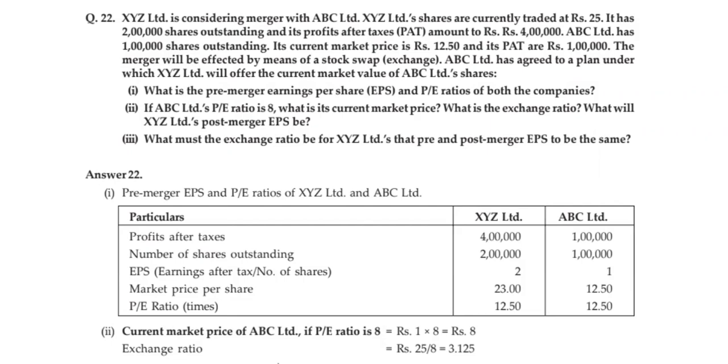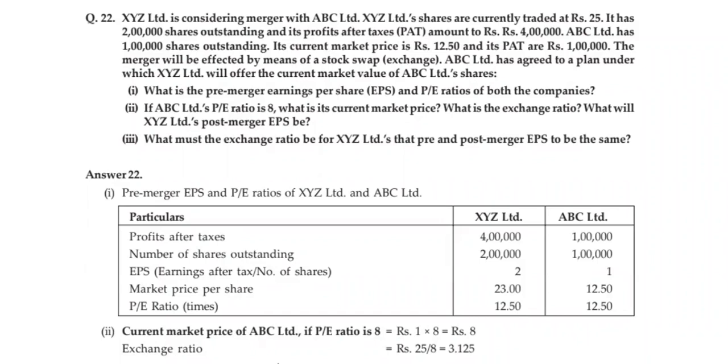From 25, we need to remove that EPS, because XYZ is going to merge with ABC Limited, so whatever earnings per share is there, we need to remove here. So 25 minus 2 EPS, the market price per share of XYZ Limited is 23. But for ABC Limited we will keep it the same, because he has told you the exact current market price, that is 12.50.